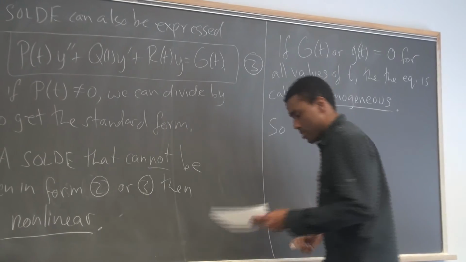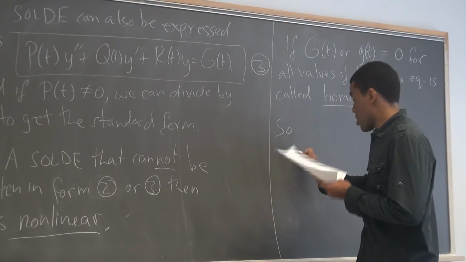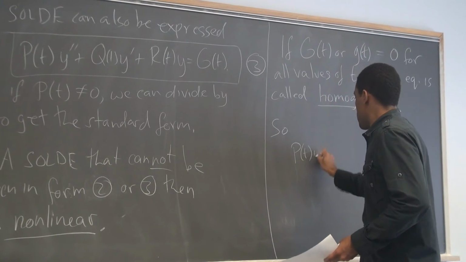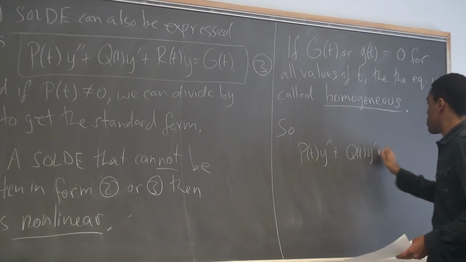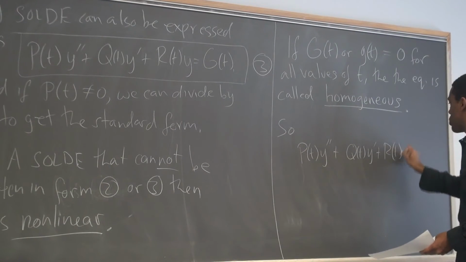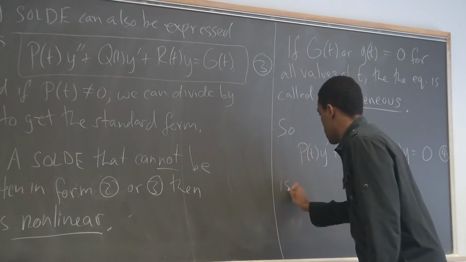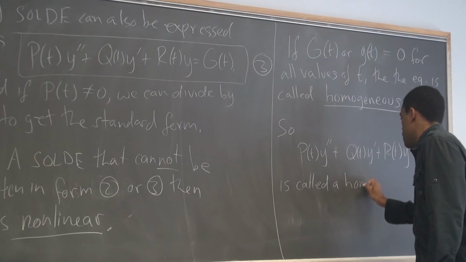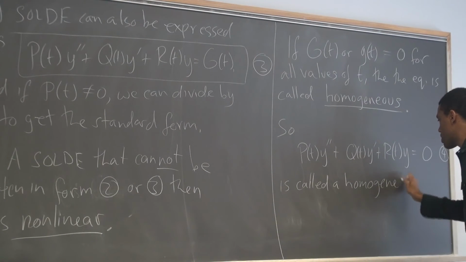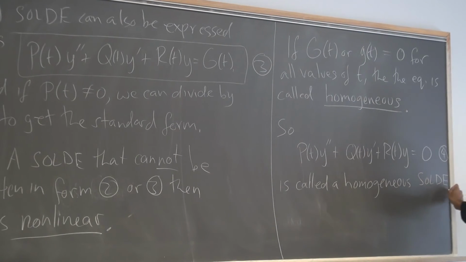So, did I write down that form? The form P of t y double prime plus Q of t y prime plus R of t y equals 0, which is form 4, is called a homogeneous second order linear differential equation.